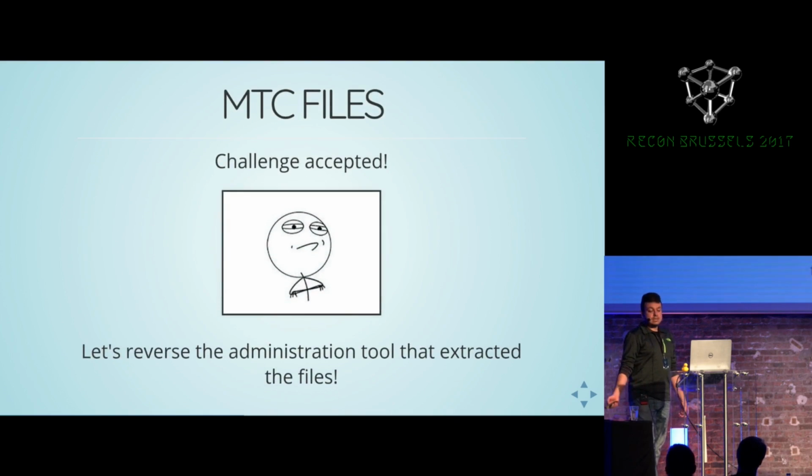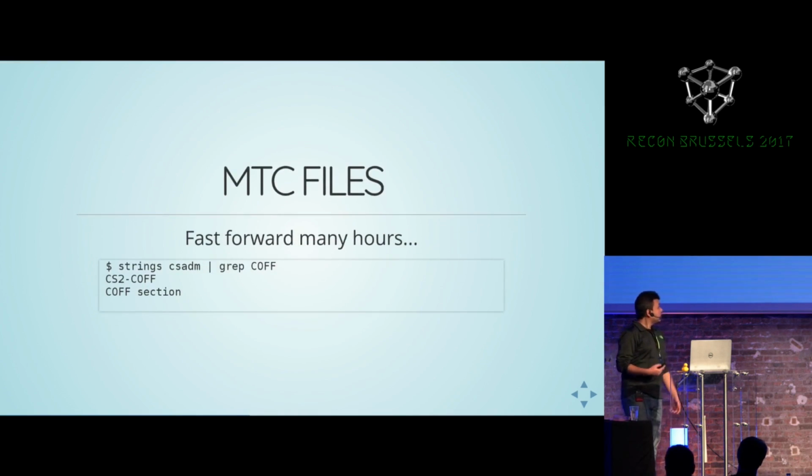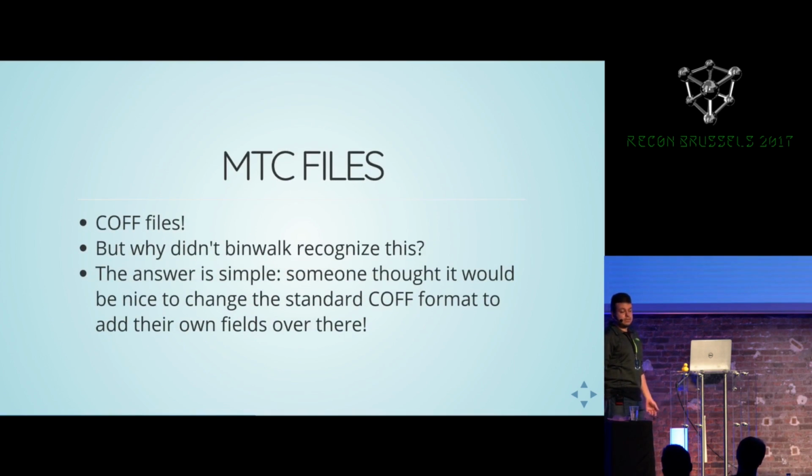Okay, let's reverse the administration tool and see if we can find any info inside. After some hours, we could find these strings. So they should be COFF files, but why didn't Binwalk recognize this? Someone thought it would be nice to add their own stuff inside the standard COFF format.